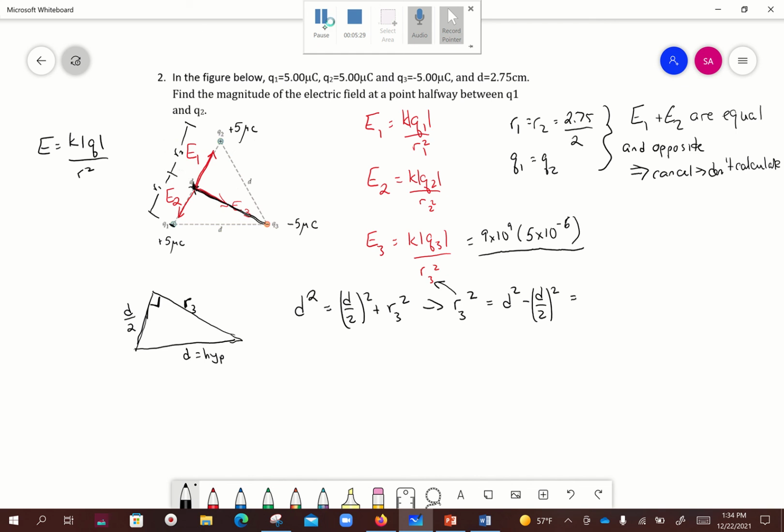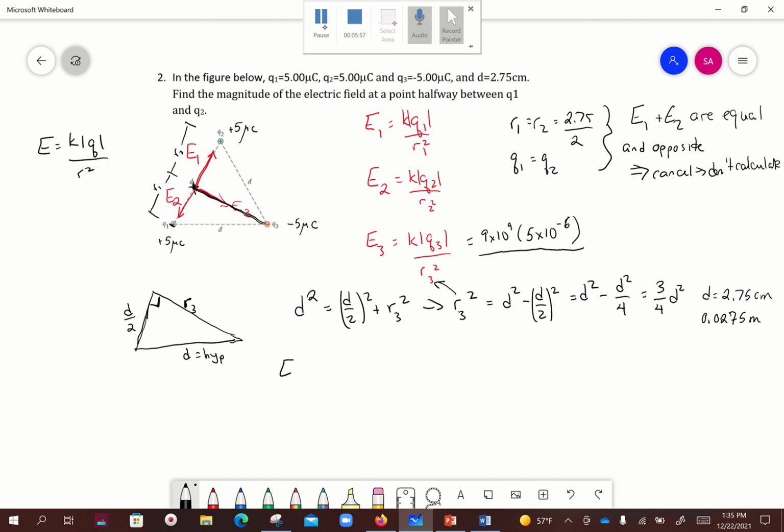So that's D squared minus D squared over 4. That's 3/4 of D squared, where D is my 2.75 centimeter side of the triangle, or remember, I'm going to put that in meters, 0.0275 meters.